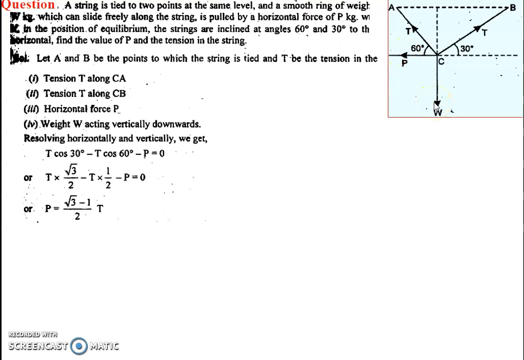So we resolve the forces along the horizontal direction and along the vertical direction. How do we resolve?